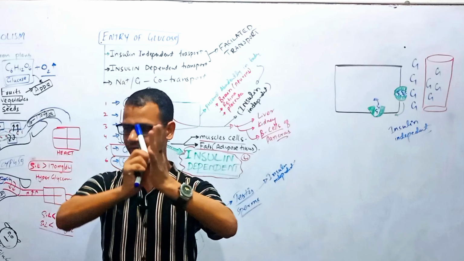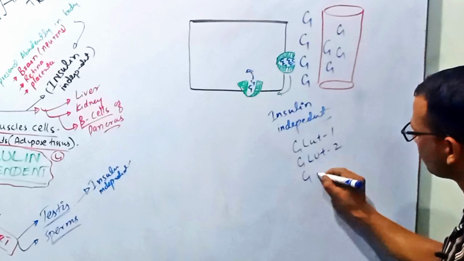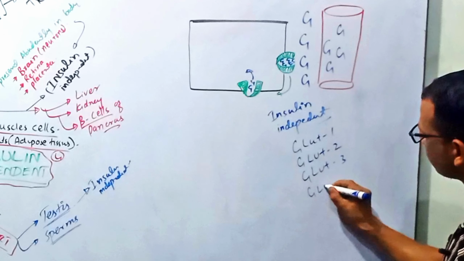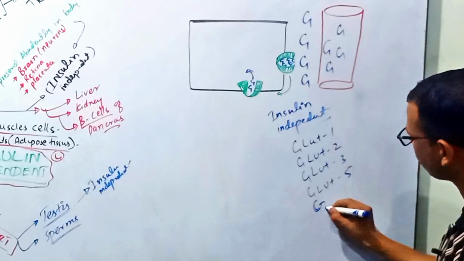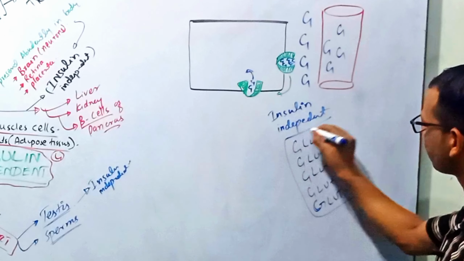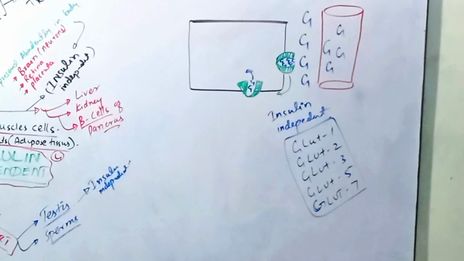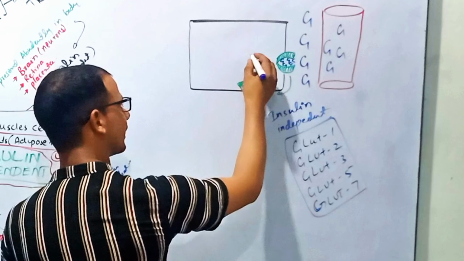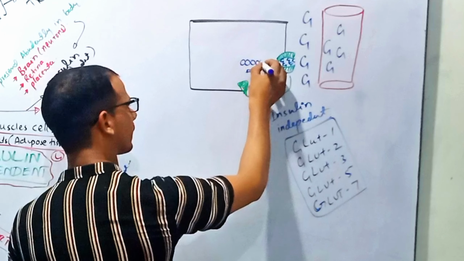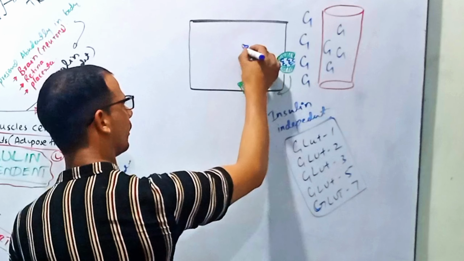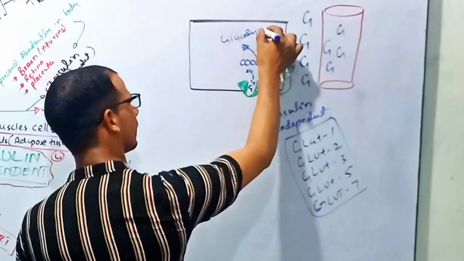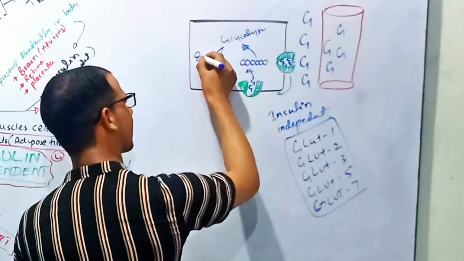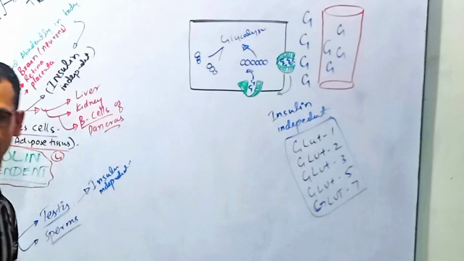The insulin independent transport systems are GLUT1, GLUT2, GLUT3, GLUT5, and GLUT7. Inside, this 6 carbon compound will undergo glycolysis and make two 3 carbon compounds, which are called pyruvates.